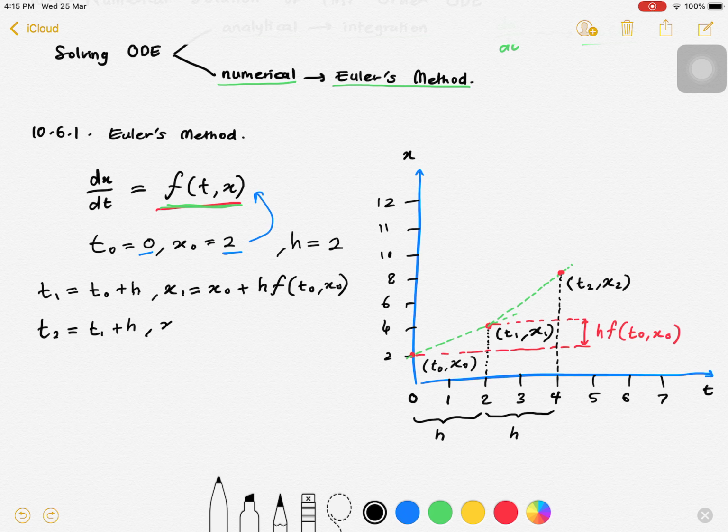How about x2? We will use the same formula but different components. So right now x2 is equal to x1, instead of x0, plus h times the same gradient function, and in this gradient function we use t1 and x1 to find the gradient at this point. Okay, so that's how we find the third point, which is t2, x2, this one.